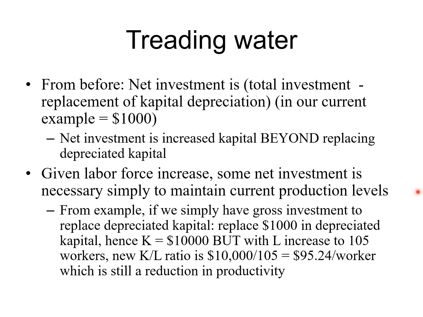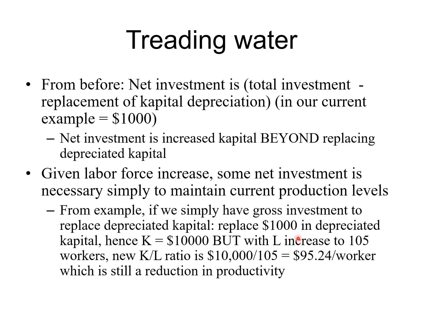From the example, if we simply have gross investment, no net investment, we're not going to be pushing the PPC outward at all. We simply replace the $1,000 in the depreciated capital, bringing our capital level up to 10,000. This is not going to be sufficient to prevent an inward shift of the production possibilities curve.